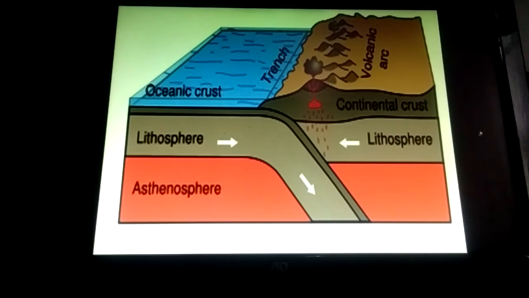Some plates move away from each other, creating wide ridges on the earth's surface. Some plates come closer and collide. When an oceanic plate collides with a continental plate, the denser oceanic plate is forced below the continental plate.